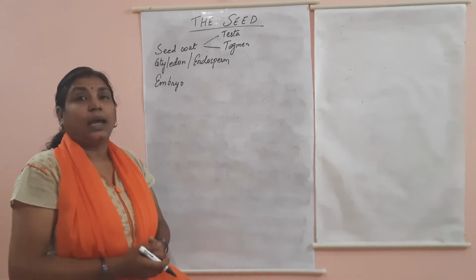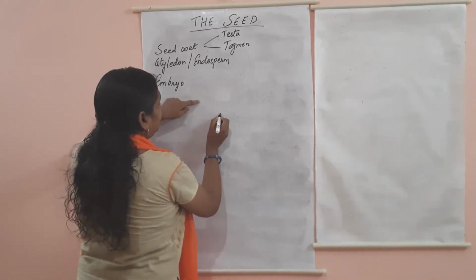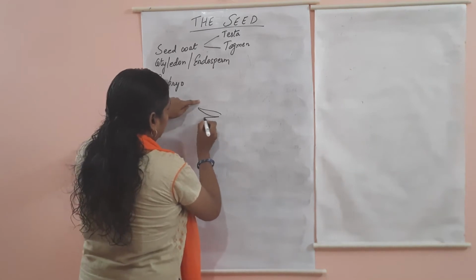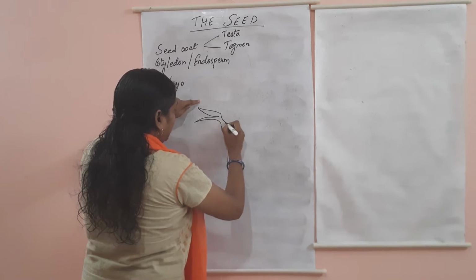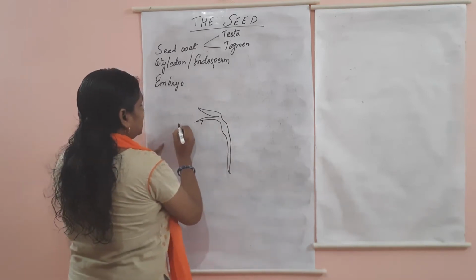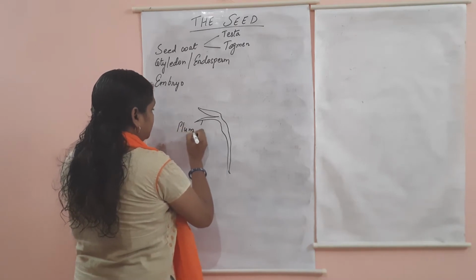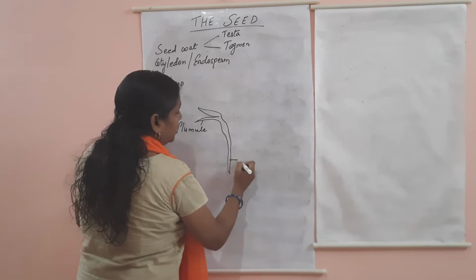Embryo. Embryo is a miniature plant consisting of two main parts, that is your plumule and radicle. This leafy structure is known as plumule. This is your radicle.